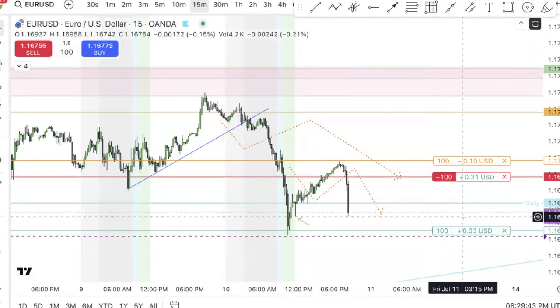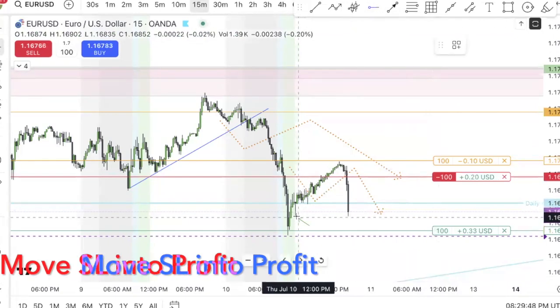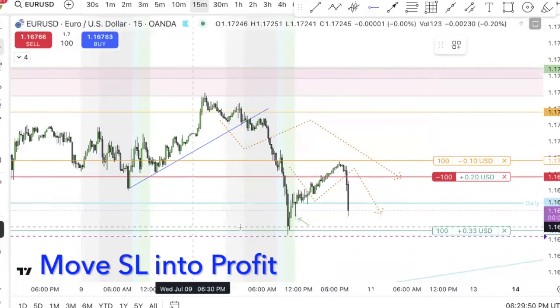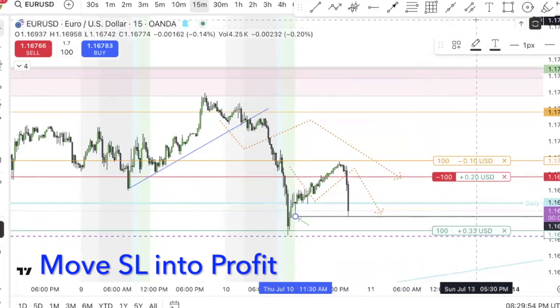All right, and then we're going to get ready to move our stop loss into profit. It's important to always move your stop loss into profit or at least break even, so that we can mitigate some risk.